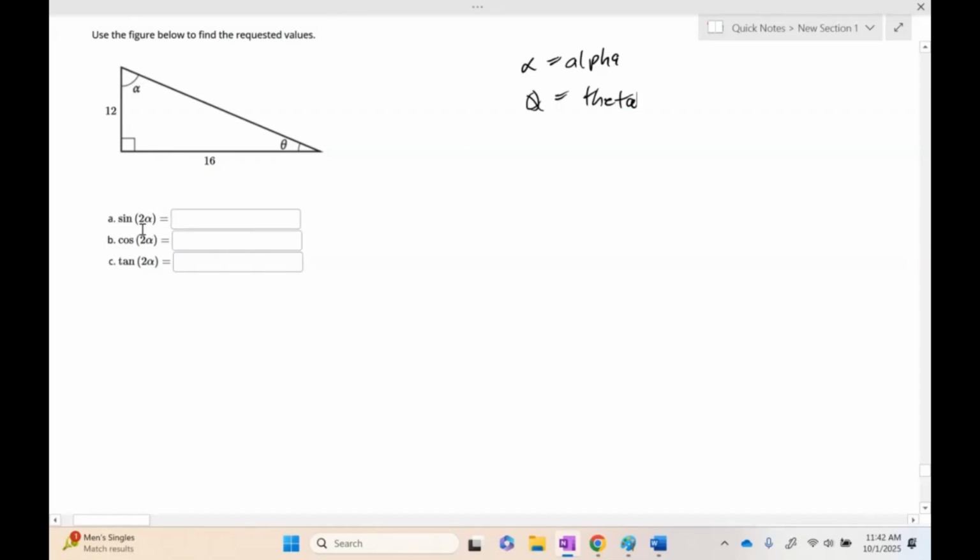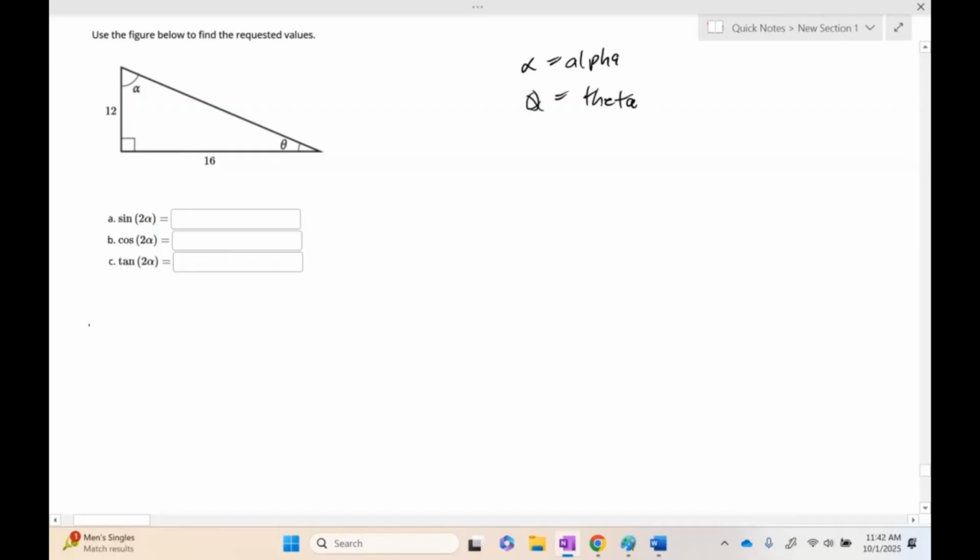So you want to be careful on what they're asking you to find. Here they want us to find the double angle for the sine of alpha. So we've got to make sure that we're using this alpha angle as our reference angle. So I'm going to just write out the formula.